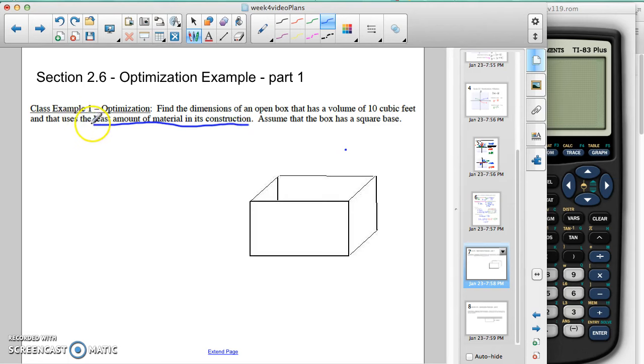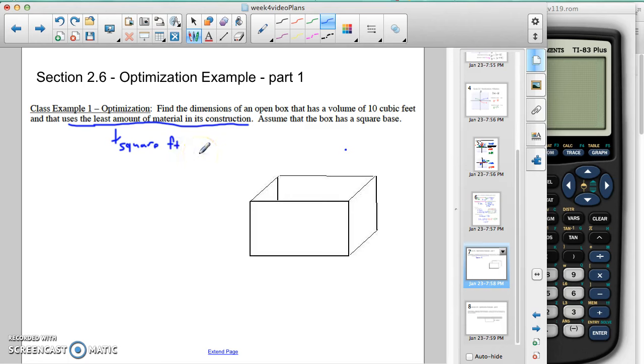Since it's in feet, we'd be looking at how many square feet, like the piece of cardboard we would need to cut this out of, so that we can minimize it.